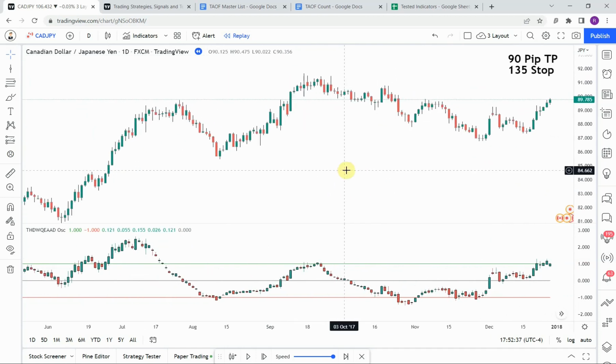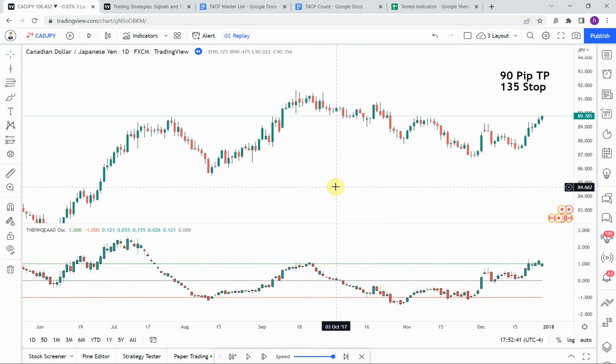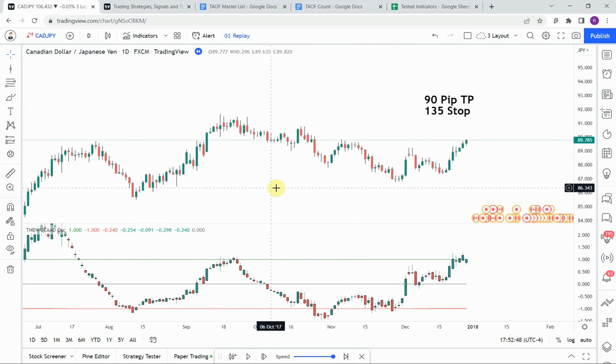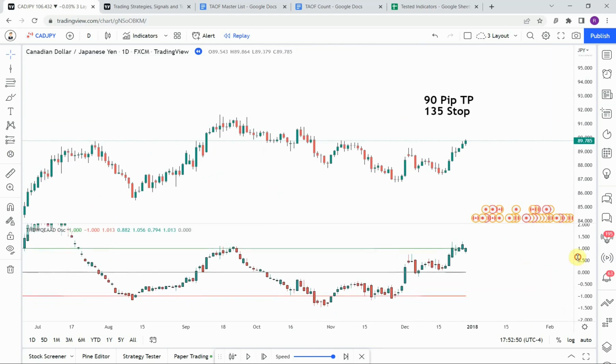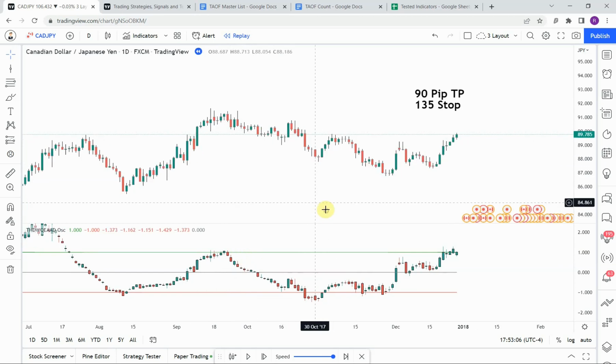The setup on this is relatively interesting. What we are looking for is, like I said, an overbought, oversold type area. We might play around with this other ways, I'm not quite sure yet, but this is my first instinct looking at it: look for candles to break above the green line, the upper line here, and as soon as it crosses back down below that green line, we are going to go short.